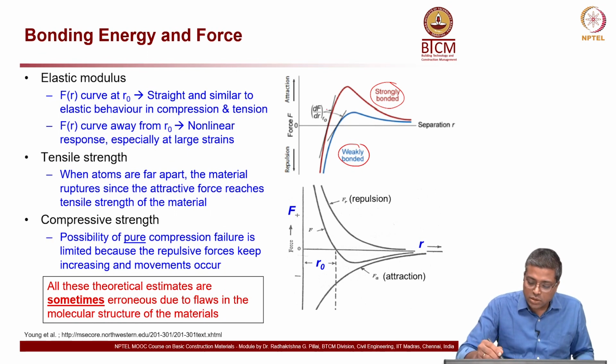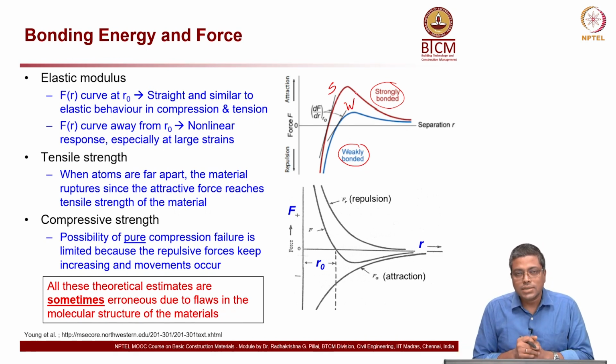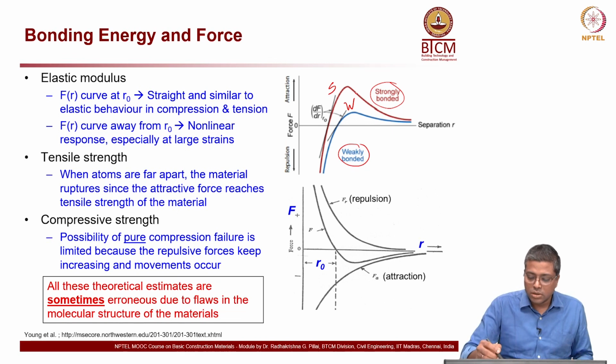Let me call them strong material and weak material. So, the slope of that line at R0 is smaller in the weak material as compared to the stronger material. So, the slope of this line and this line, two lines.